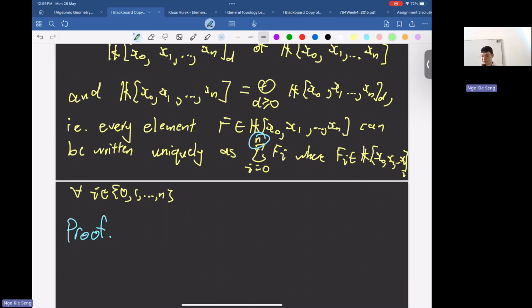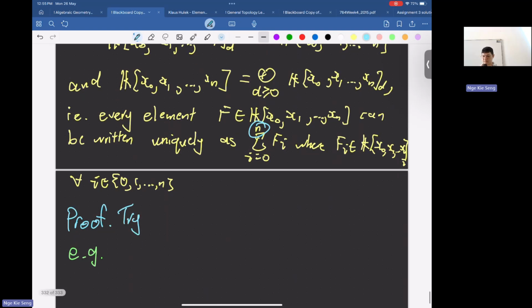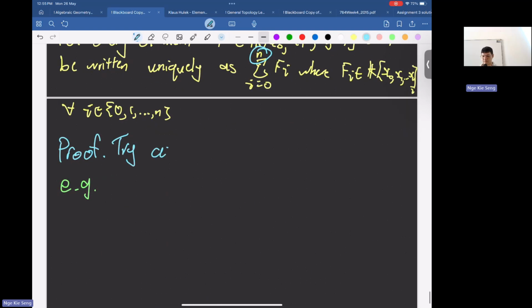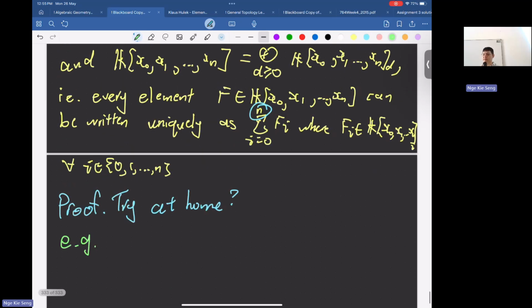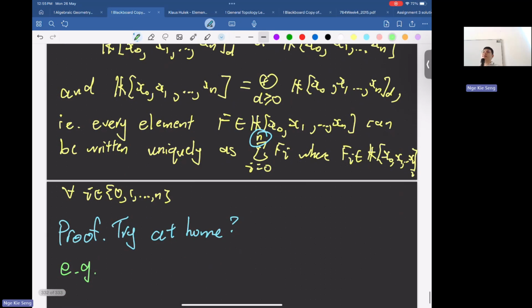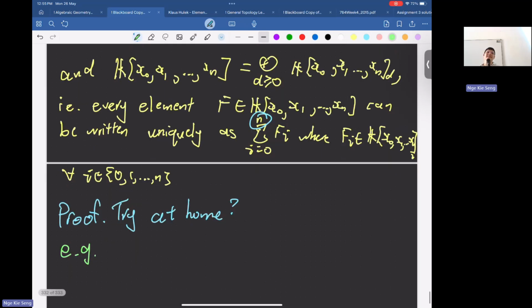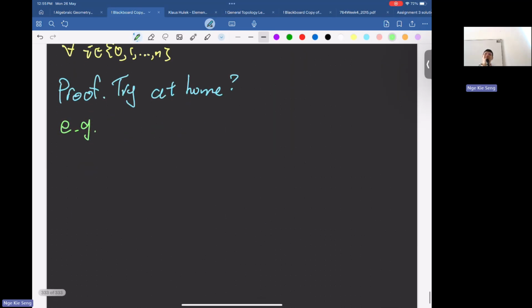So let's look at an example. What are the elements inside there? Can you give me some elements here? Levy, is some nice one. You are my ChatGPT now.